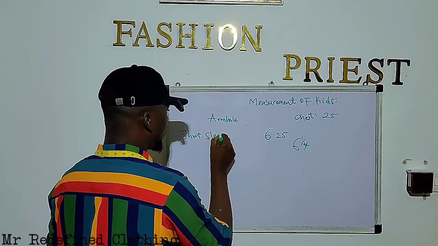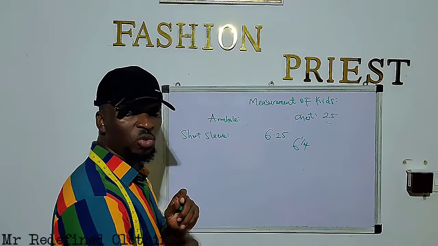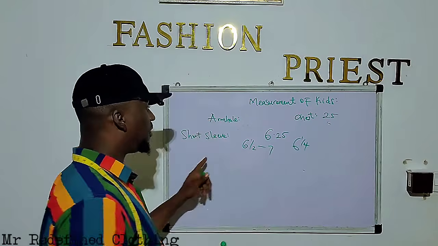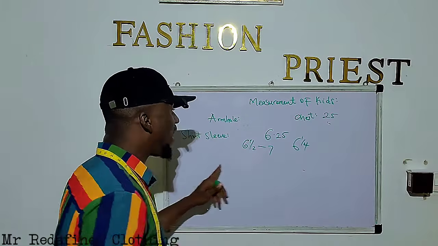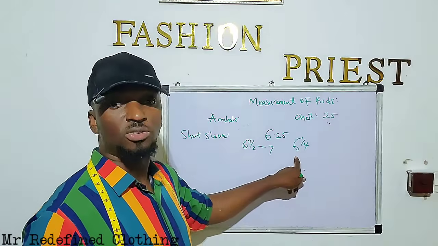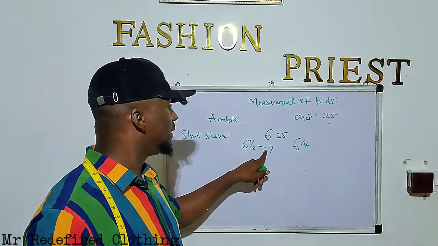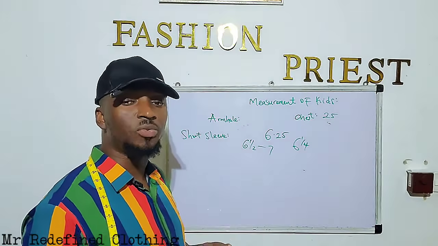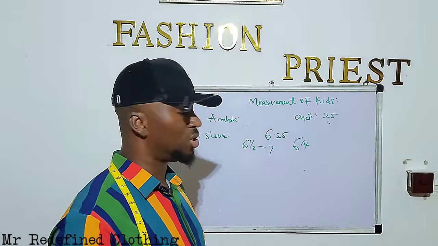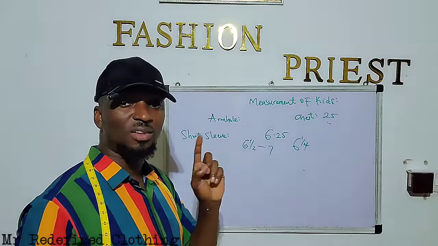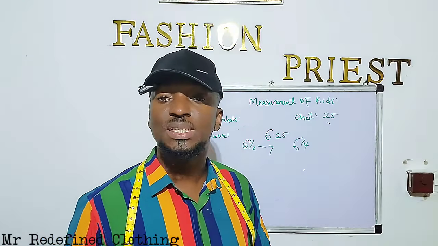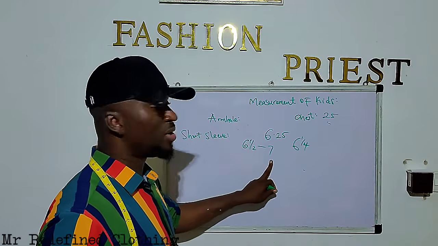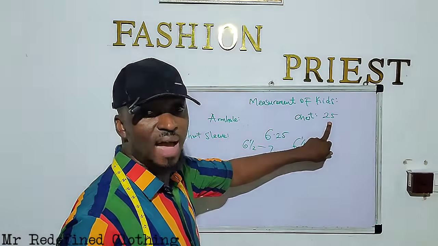Short sleeve armhole, you could even do it either 6.5 or 7 for the armhole. Now, the reason you have to do it this way is because you have to consider, like I said earlier, the growth of children, right? You don't necessarily need to reduce or stick to what you measured. You need to consider their growth. As long as your measurement is correct, this is what you should do. So for short sleeve, you can do 6.5 or 7, for a chest of 25.